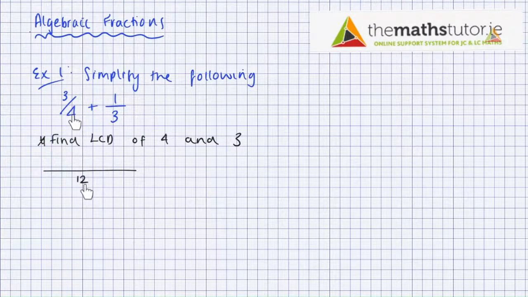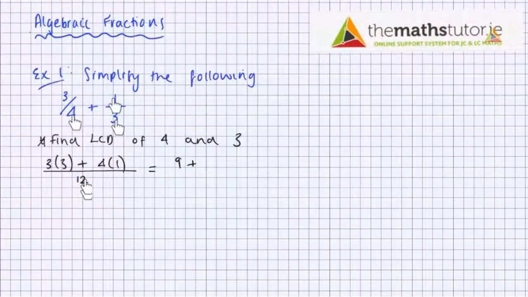So it's going to be 3 by the number on top, which is 3, plus 3 into 12 goes 4 times, and it's 4 by the number on top, which is 1. So then on top we have 3 by 3, which is 9, plus 4 by 1, which is 4 over 12. 9 plus 4 is 13, so the answer is 13 over 12. So that's very straightforward. That is no algebra in it yet.